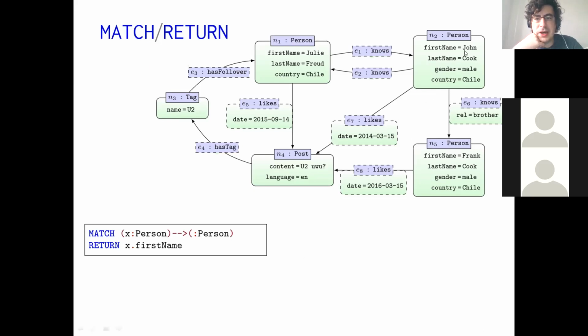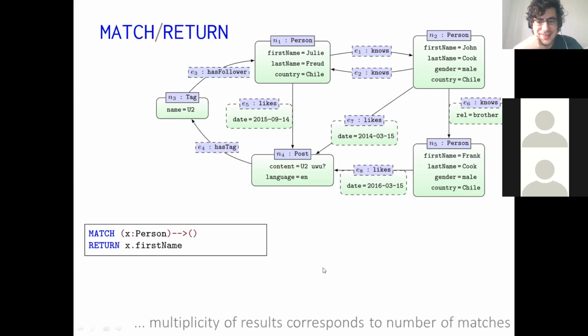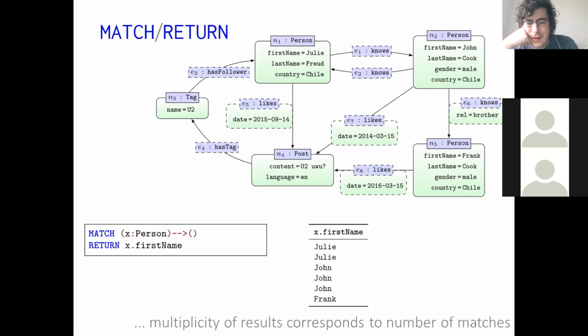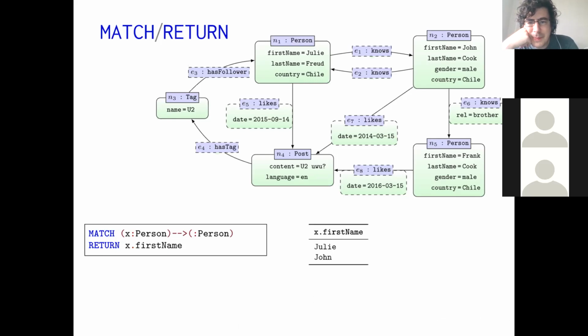Now, if we look at John, John offers 2 links to people. So what we see in the results in this case will be Julie, John. Why is that actually? No, that's not right.